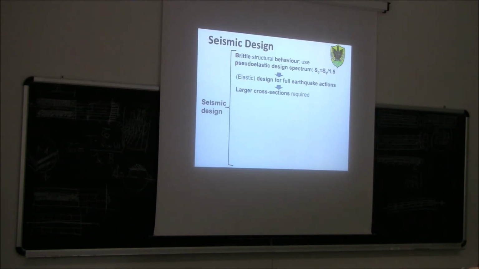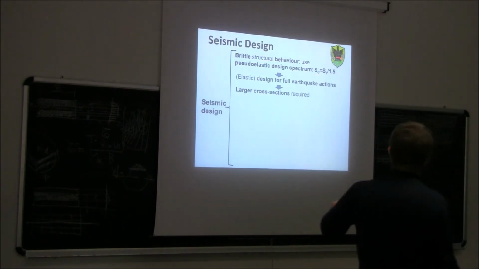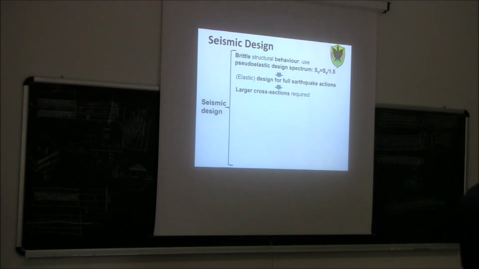They're actually not the real full elastic forces, because according to the regulation, even with a brittle structure, I can make reference to a so-called pseudo-elastic design spectrum, where I divide the elastic value of the spectrum by 1.5.